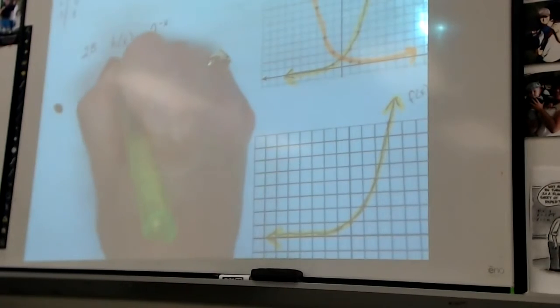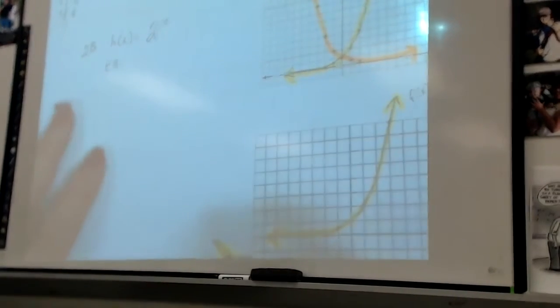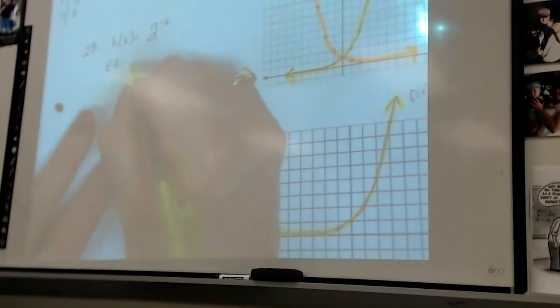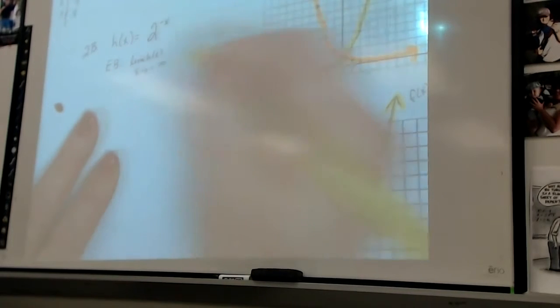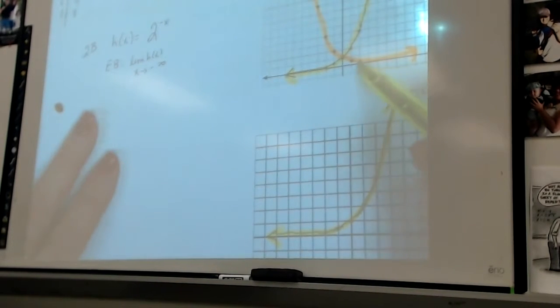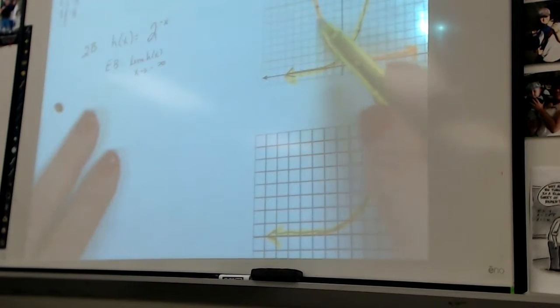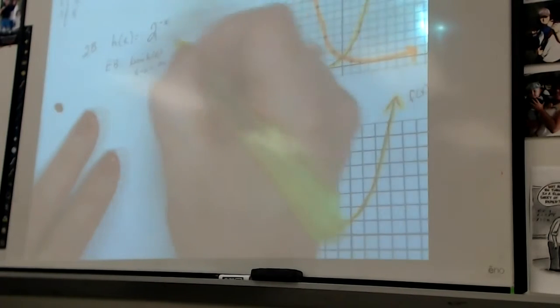So our end behavior on this one is the limit of h of x as x approaches negative infinity. So as we're going from right to left, what's the y value doing? What's it approaching? Infinity.